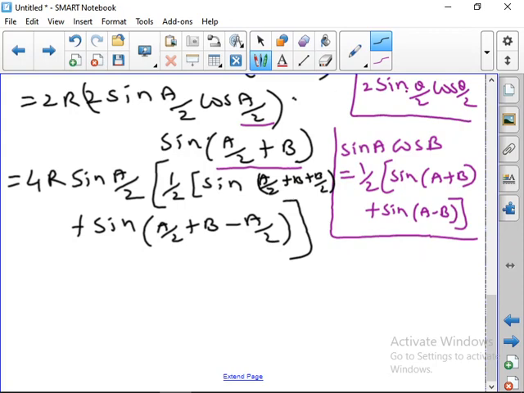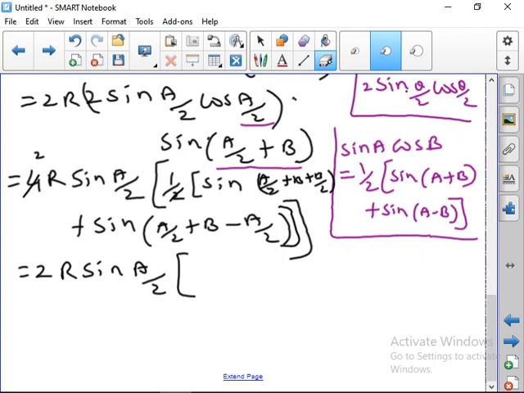So, it is equal to 1 by 2 into, so this is equal to now 4R and this we can cancel, you'll get 2. So 2R sine A by 2 into, this is A by 2, it looks like B, okay, A by 2.